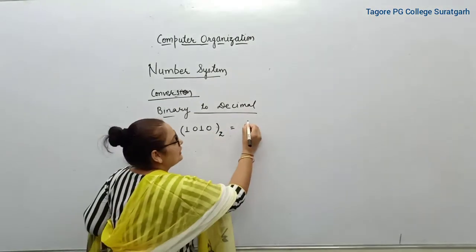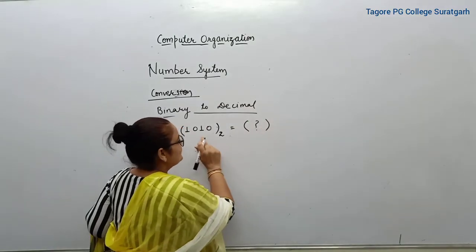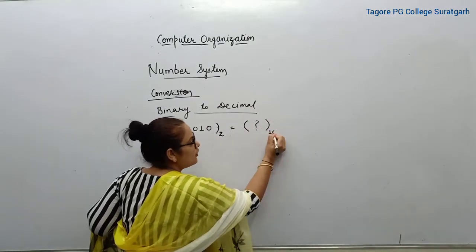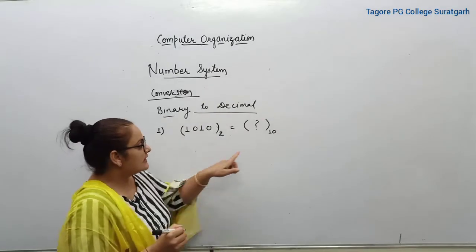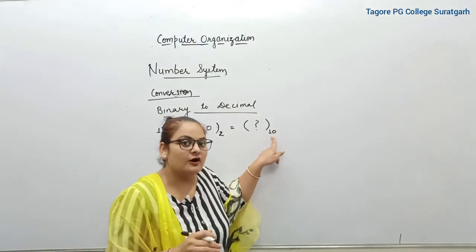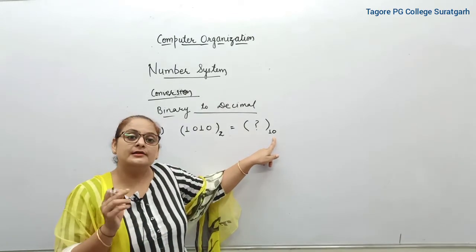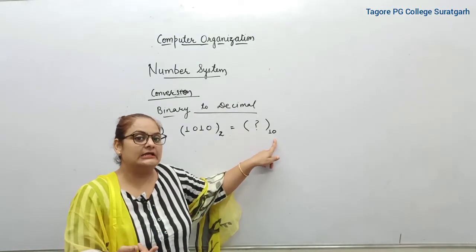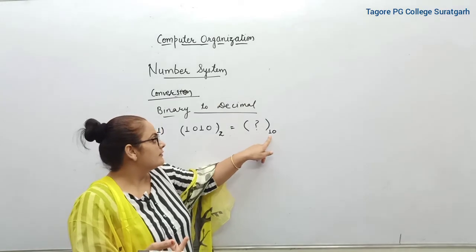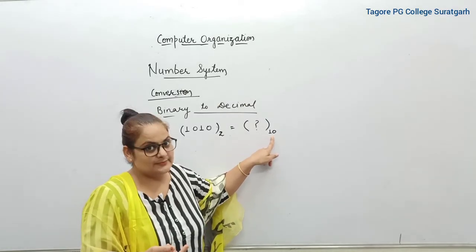We have to change this binary number to which form? To the decimal form. The base at the foot of the parenthesis states that the converted number relates to the decimal number system.